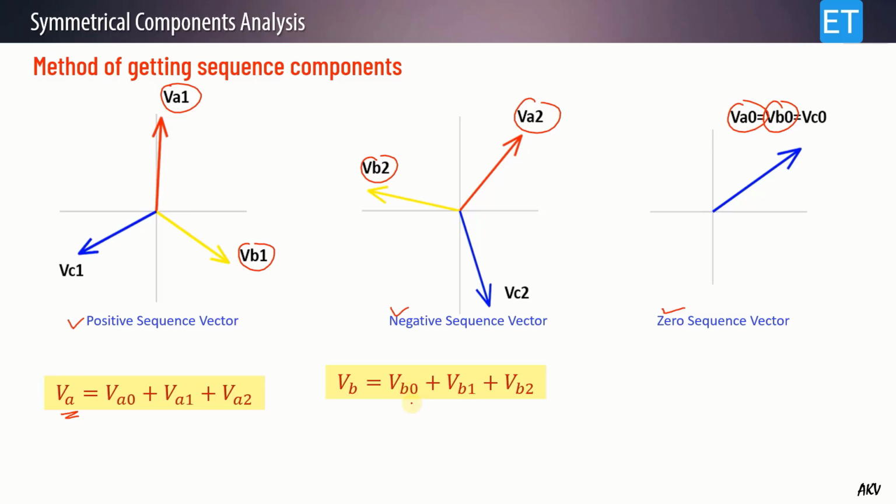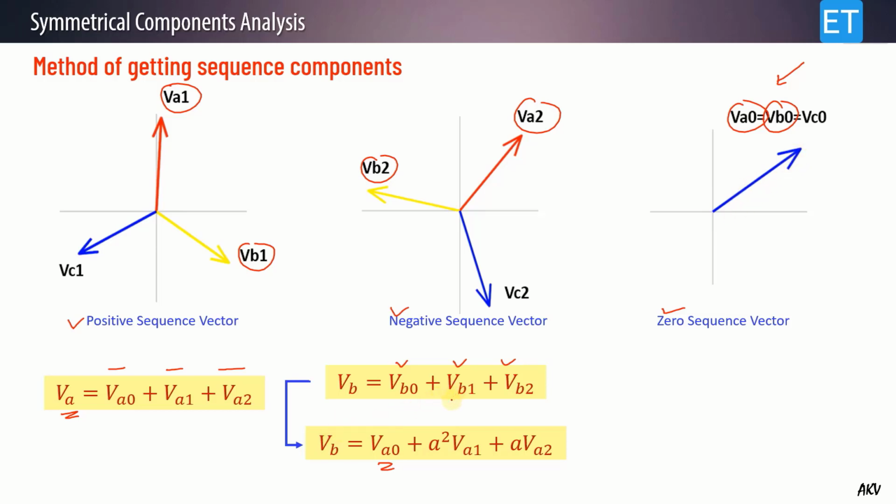But here I will do something different: I would like to represent all these components in terms of the components VA0, VA1, and VA2. So how is it possible? Let's see. You can see that VB0 is equal to VA0. That is also written here. All these zero sequence vectors are the same in magnitude.